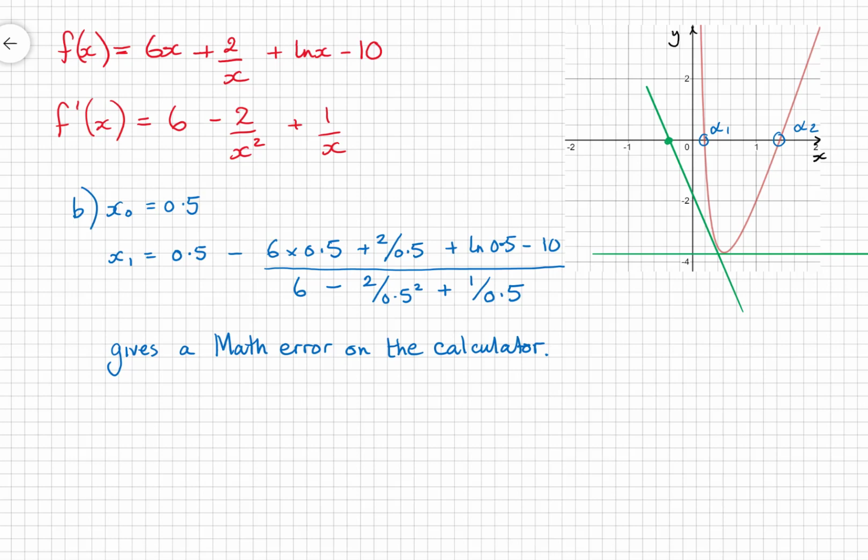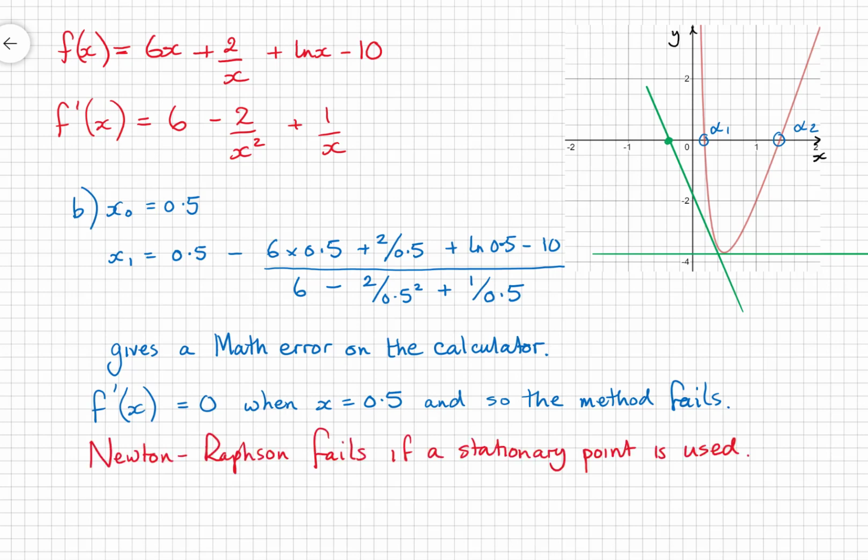So we can give as our reason for failure that f dashed of x is equal to 0 when x is equal to 0.5, and that causes the method to fail. And of course we can now say more generally regarding Newton-Raphson that it fails if a stationary point is used either as a starting value or if the method itself happens to land on a stationary point, which is admittedly very unlikely.